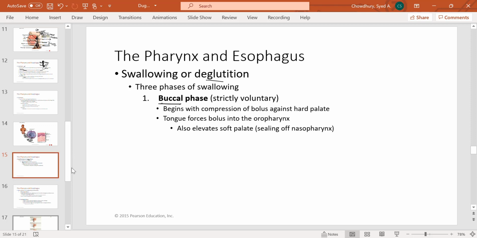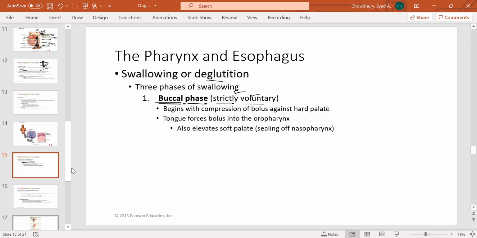So buccal is the mouth, right? So inside the mouth, what happens, that's the buccal phase, and this is strictly voluntary. If you decide, you can keep it longer inside the mouth. If you decide, you can push it to the pharynx. Make sense? Oropharynx. So that's why it is strictly voluntary.